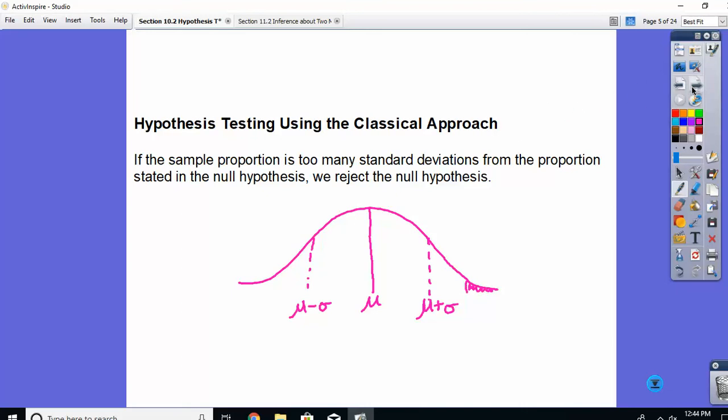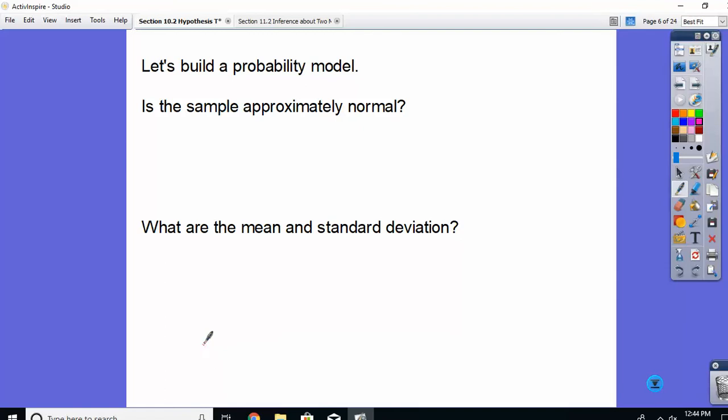Okay. So going back to my question, let's just use the researcher question that I had. If I were going to talk about the probability model, I need to know, is it normal or not? So that's my n times p times 1 minus p greater than or equal to 10. That's what we have to do to decide if it's normal. My n, how many people did we survey? 1,000.